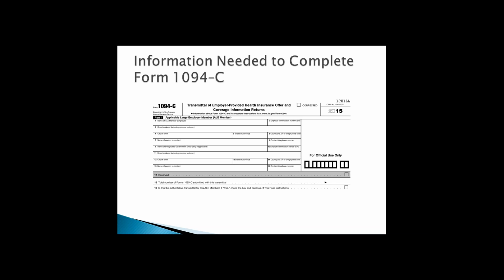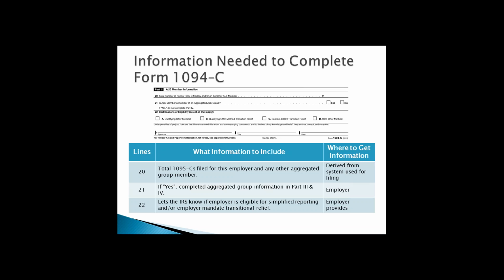So now we will go on to review what information is required for Part 2 of the 1094C. Line 20 of the 1094C requires the total number of 1095Cs filed for this employer and any other aggregated group member. This information can be derived from the system used for filing these forms.